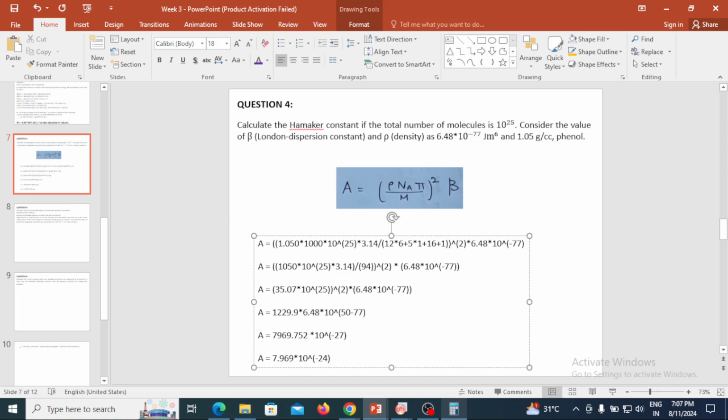And what is the units of Hamaker's constant? Yes, units of Hamaker's constant. It is joules, right?